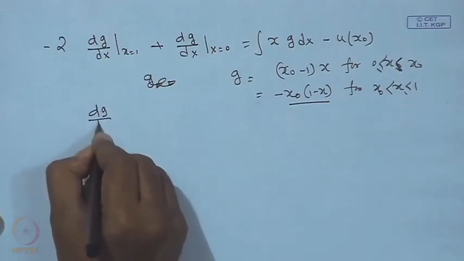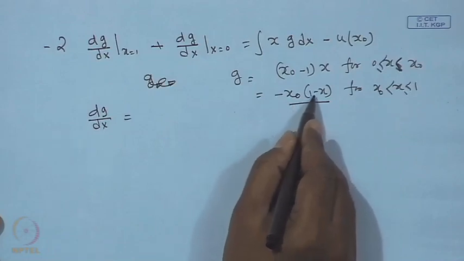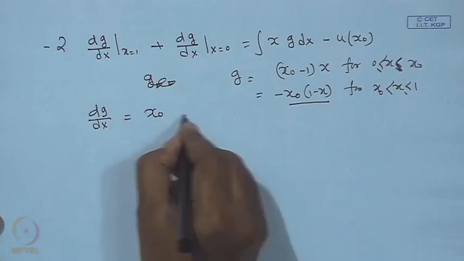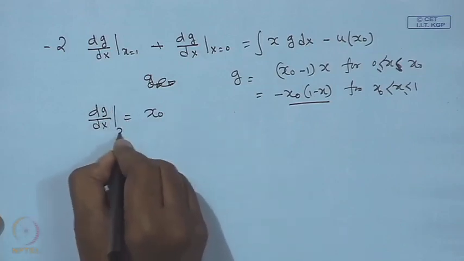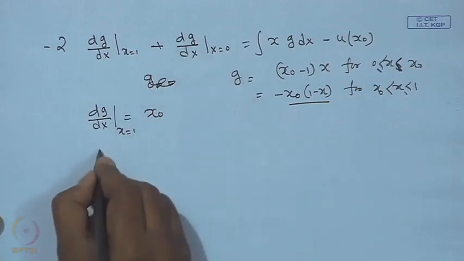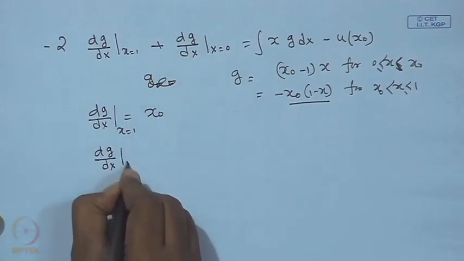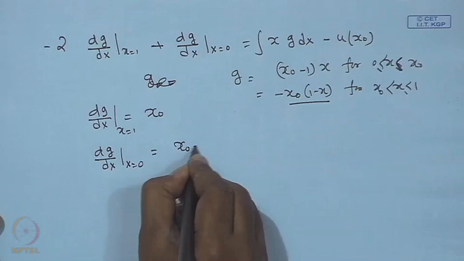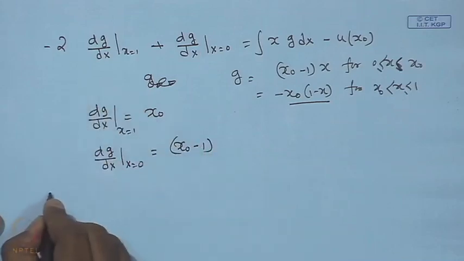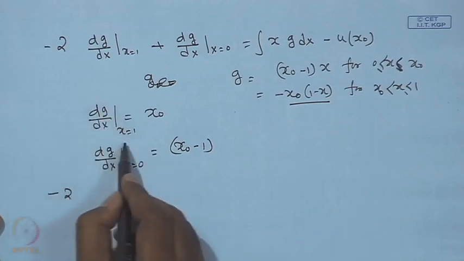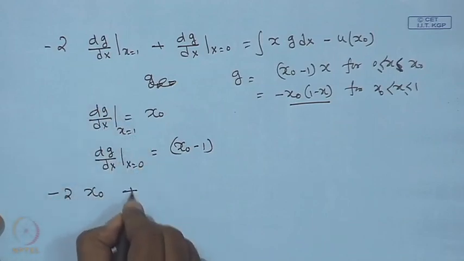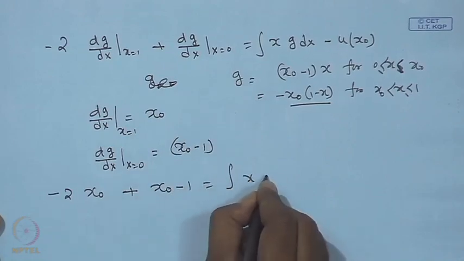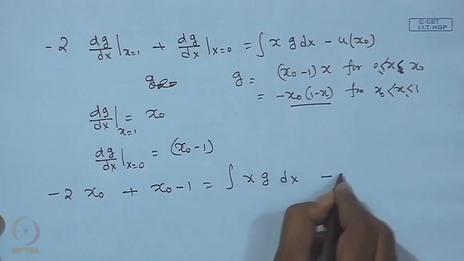So, dg dx is nothing but differential of this with respect to x, so minus minus plus x naught, evaluated at x is equal to 1. dg dx evaluated at x equal to 0, that means you are talking about the lower half solution. So, it will be x naught minus 1. So, we write it here: minus 2 dg dx at x equal to 1 is x naught, plus dg dx at x equal to 0 is x naught minus 1, is equal to integral x g dx minus u of x naught.